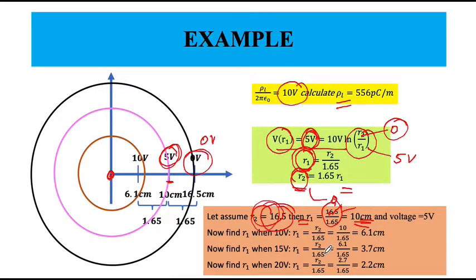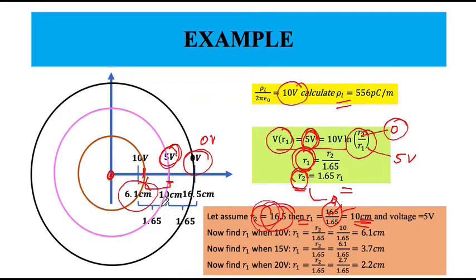Similarly, the ratio of these two must always equal 1.65. So the value of R from the origin where the potential will be 10 volts is approximately 6.1 centimeters.